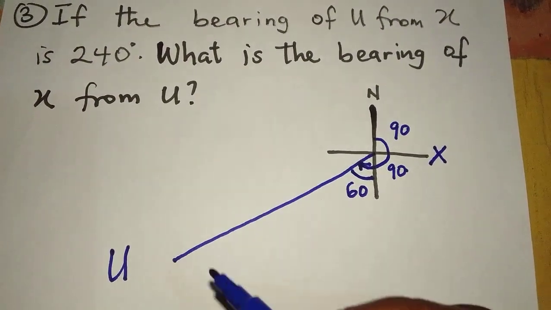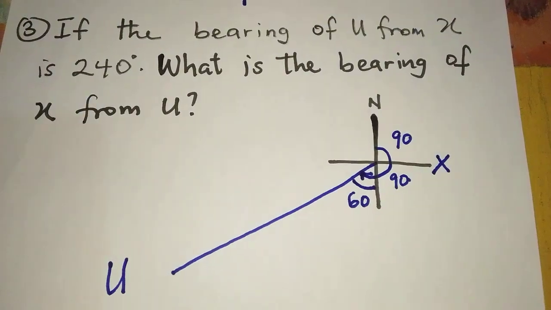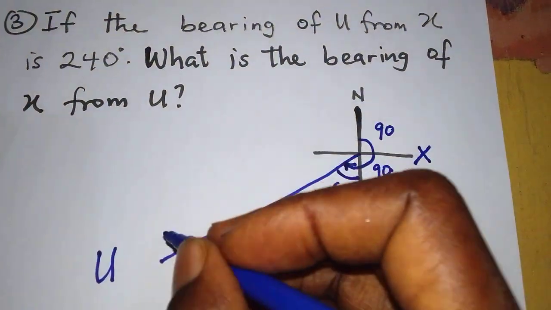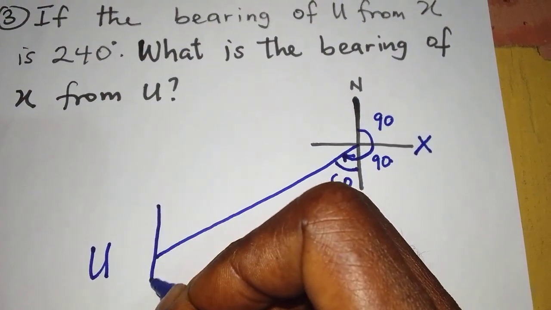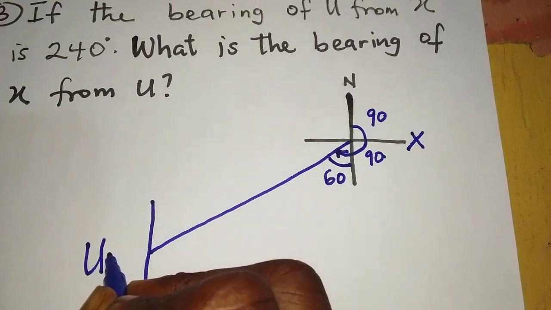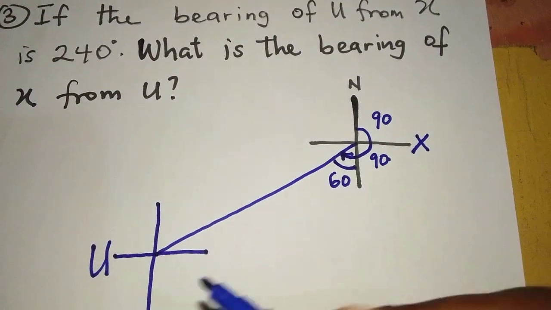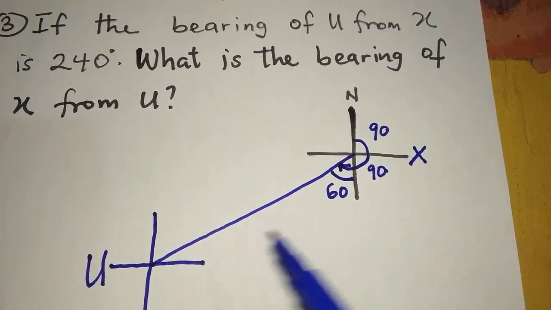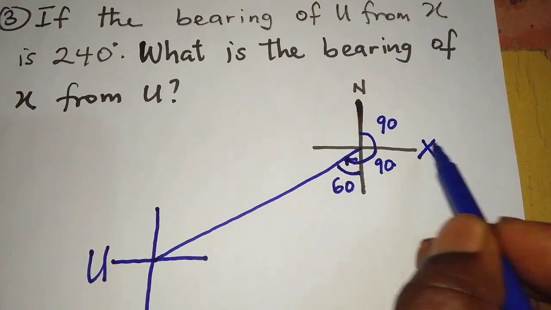So at this point also, you draw the 4 cardinal points. Your vertical line will be parallel to the vertical here, and your horizontal line will be parallel to this one.